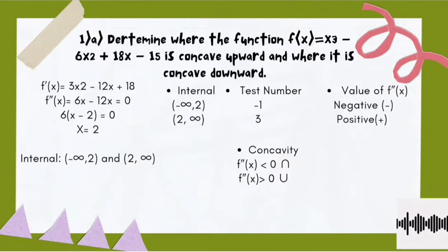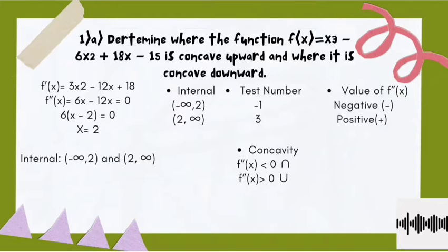to 6x minus 12. Second step, let the second derivative of x equal to 0 to find the interval, so let's set 6x minus 12 equals 0. So we get x equal to 2, so the intervals are negative infinity to 2 and 2 to infinity.